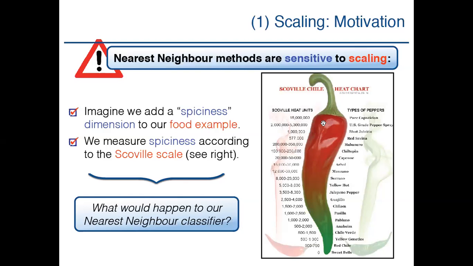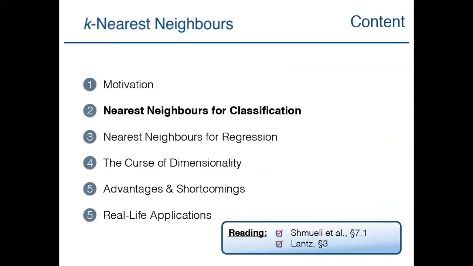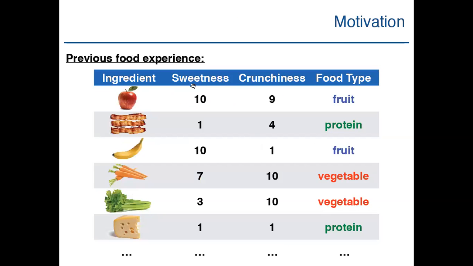If you look at it relative to 15 million, 5000 is small, and 9 would be very big if you look at it on this 1 to 10 scale. But when you are measuring distance, that 5000 is going to outweigh this distance of 9 here. Why? Because 5000 is a very big number.